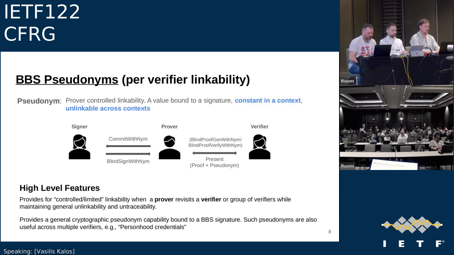Again, this was meant to provide a way for what we call controlled or limited linkability when the prover revisits a certain verifier or a certain application context or domain and so on. All that while maintaining general unlinkability again across contexts and across domains.